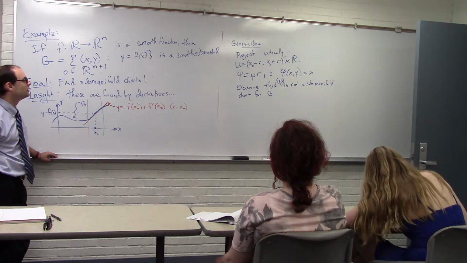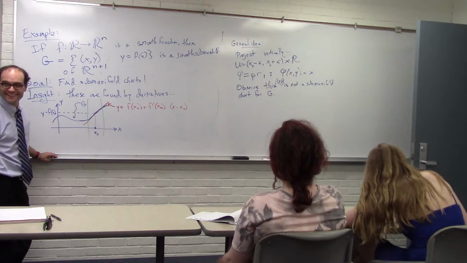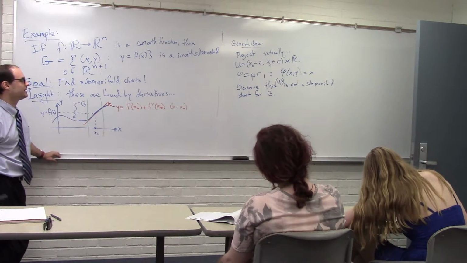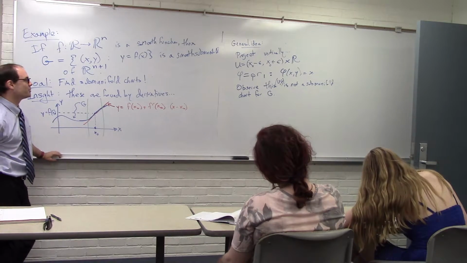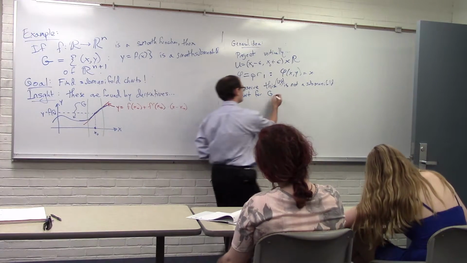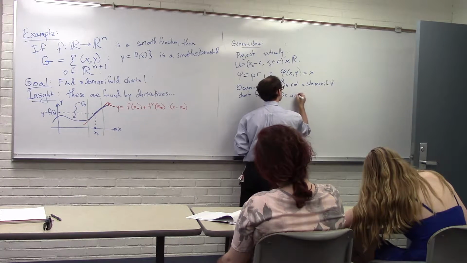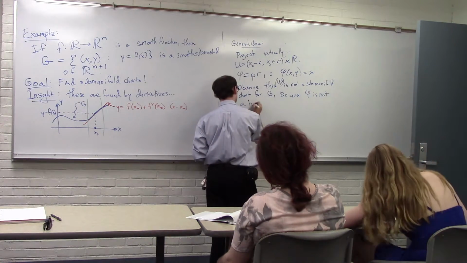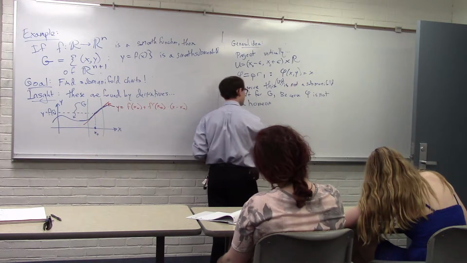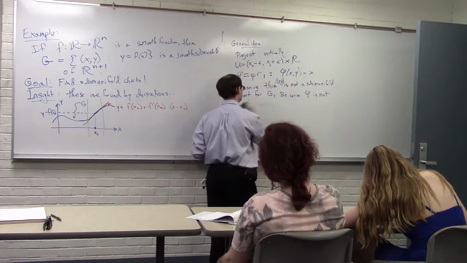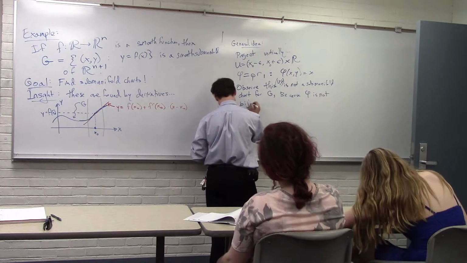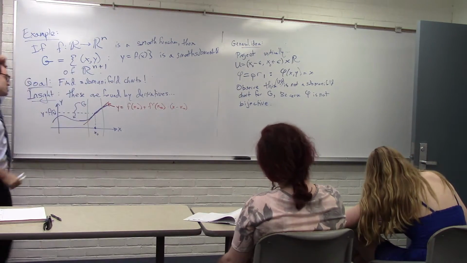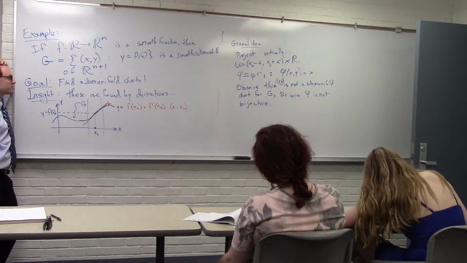No. So projection is a good idea, but it's not it, because it's not a homeomorphism, and it's not even bijective. Okay, so projection kind of seems like the right thing to do, but it doesn't quite work.